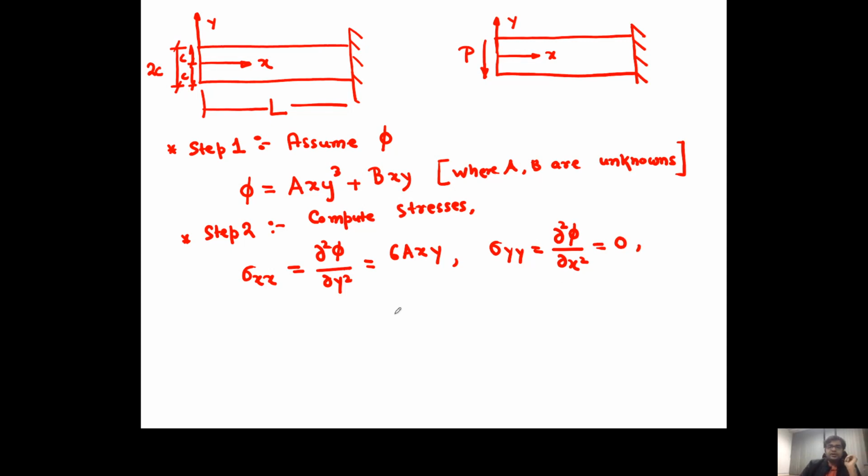And then lastly, we have tau xy, which is minus del 2 phi del x del y.